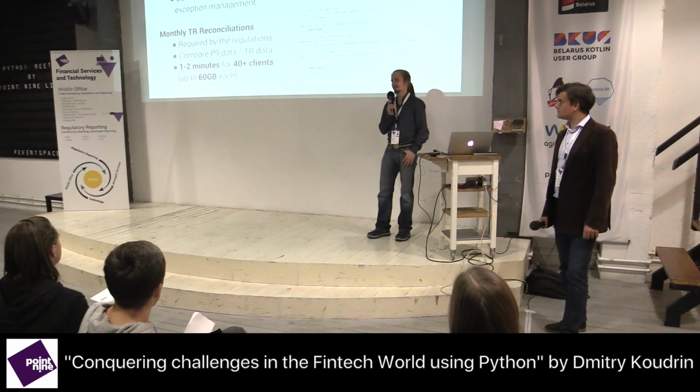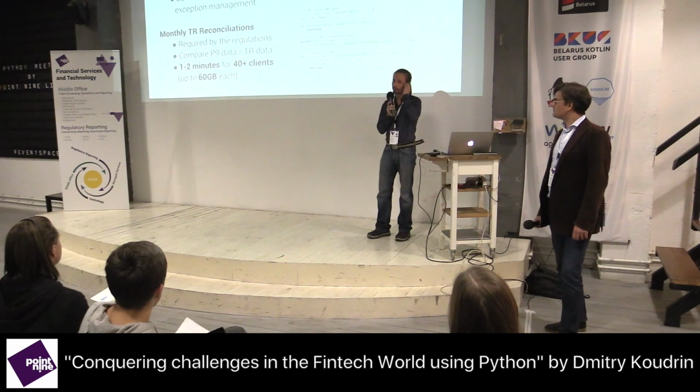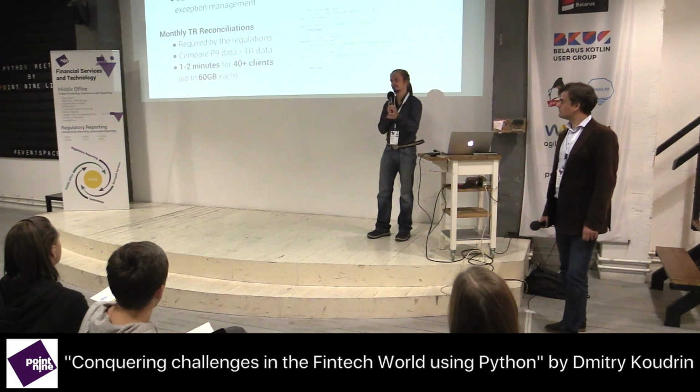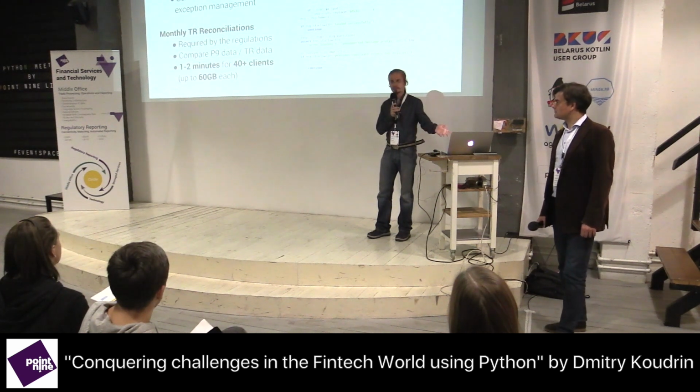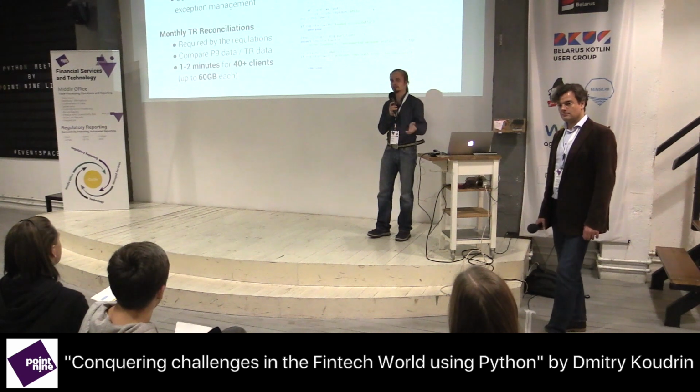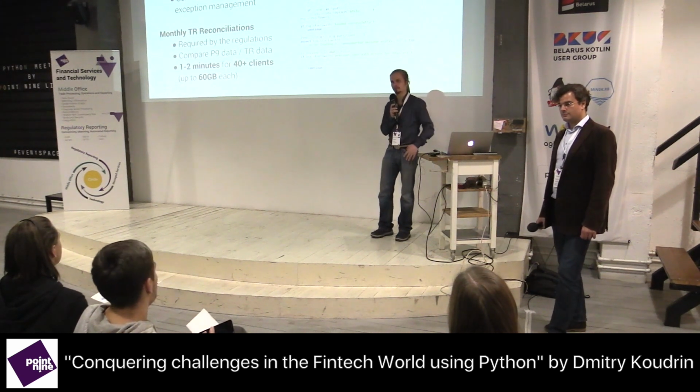A straightforward approach took like 7-8 minutes for each client, depending on the database. For, let's say, a 30 gigabyte client response table, it used to take about 70 minutes. But after the optimization, it takes just 2 minutes for everything.